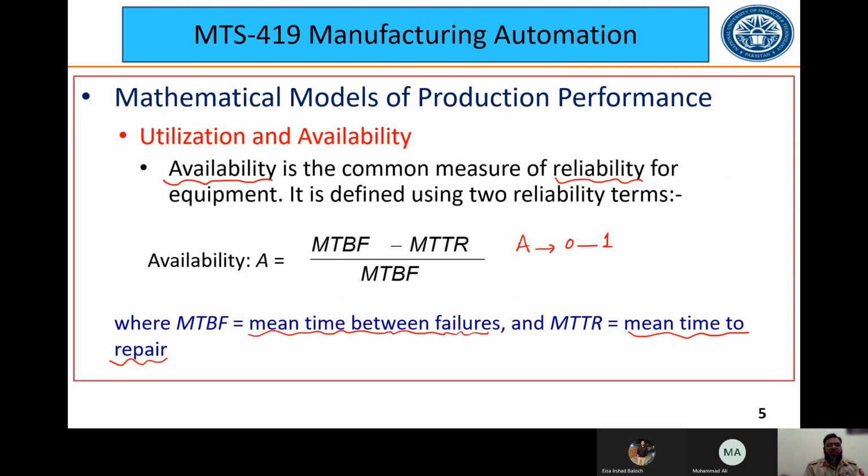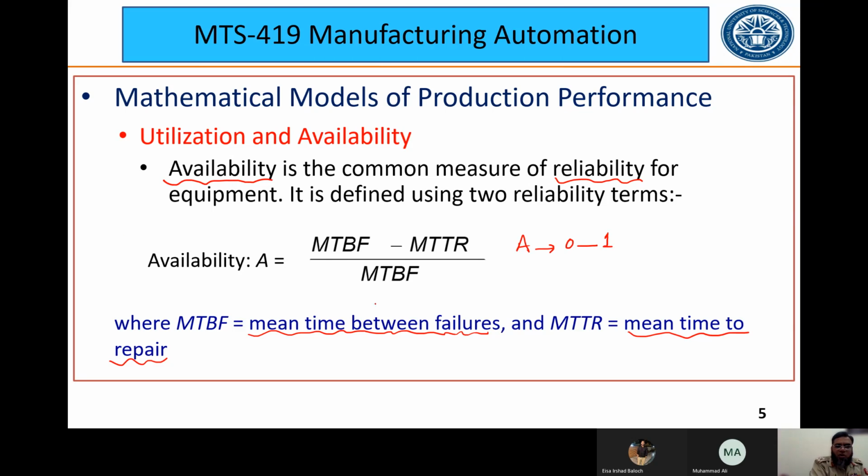The second term is availability, and availability is actually a common measure of reliability, that is, how reliable is our production facility or our machine. If the machine is reliable and it is working, it means that it is available to you for production. But if the machine is down, under repair, or has malfunctioned, it is not available to you for production.